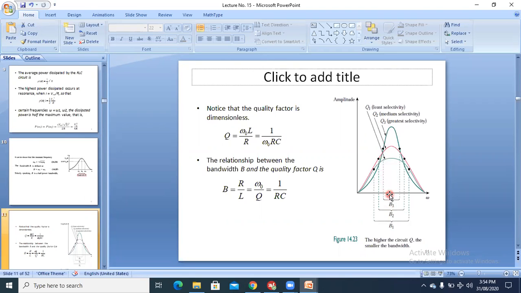So here we have the center frequency, which is the resonant frequency. The resonant frequency is the center frequency of the circuit where the peak of the amplitude occurs.